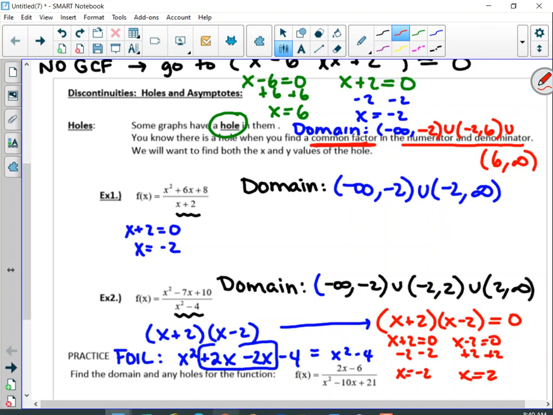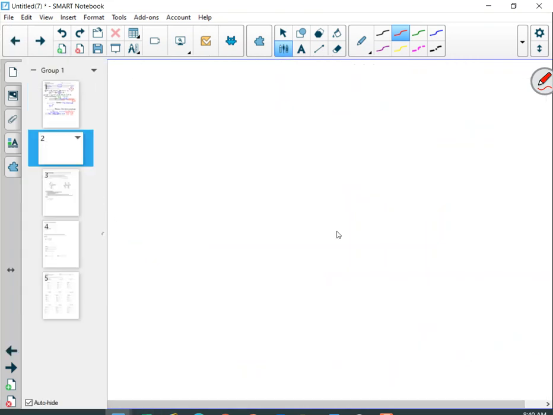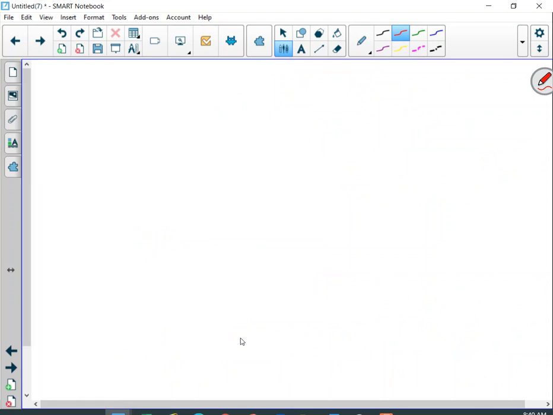So I'm going to go ahead and get myself a clean sheet because I am very messy, writing everything all over the place. This way, later on, if your notes are a little messy, you'll have a nicer version that you can print out or look at.